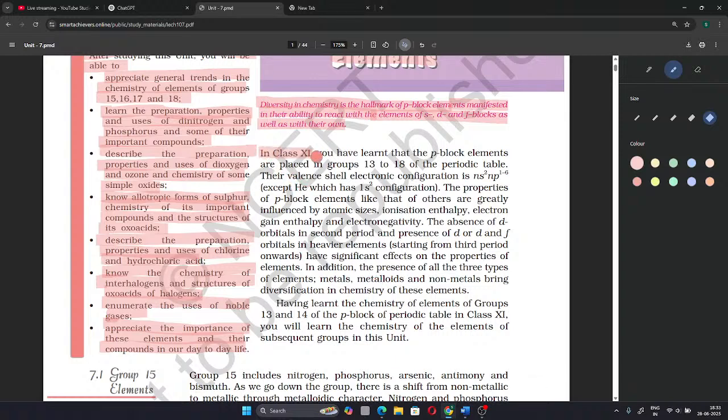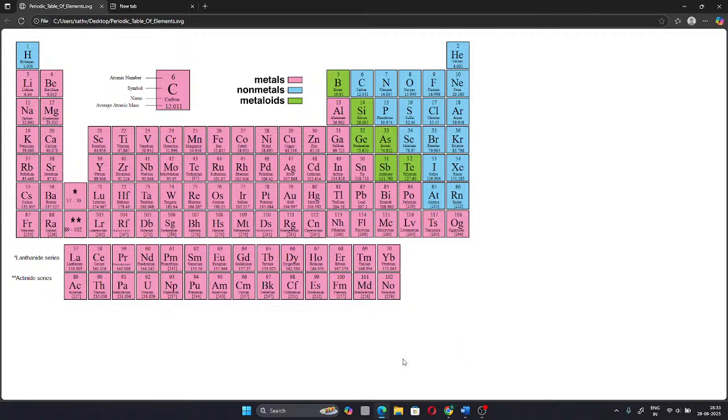In class 11, you have learned that the P block elements are placed in groups 13 to 18 of the periodic table, from boron and carbon onwards as well.